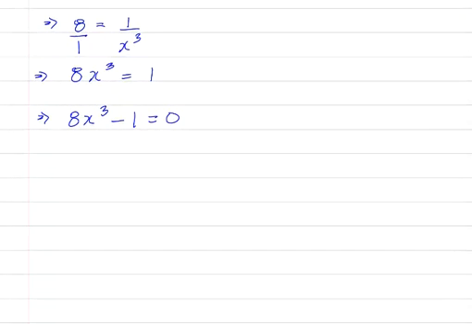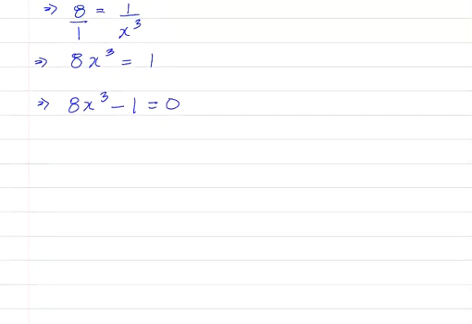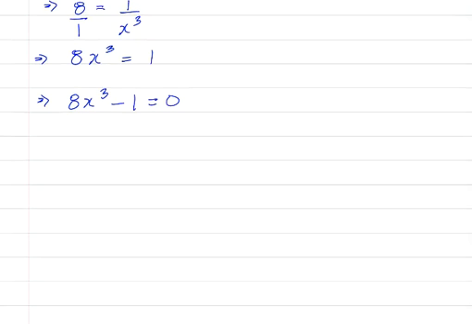How do we factorize this again? To factorize 8x cubed minus 1, we have 2x minus 1 multiplied by 4x squared plus 2x plus 1 is equal to 0.